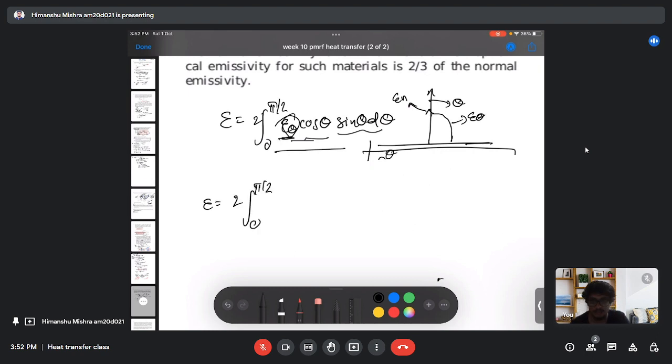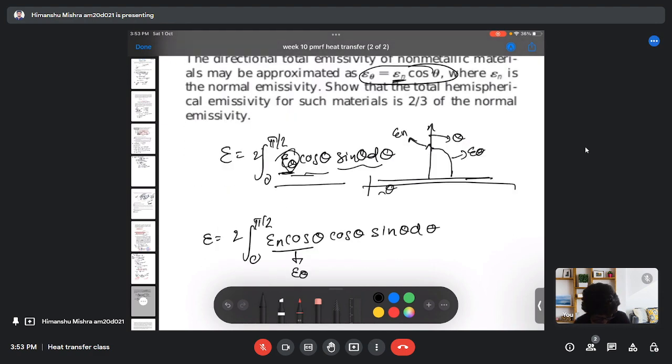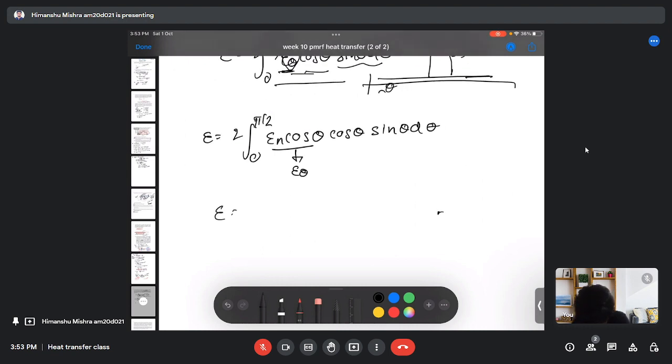So I can just put in the value of epsilon theta, which is given in the question, and I just need to integrate this.